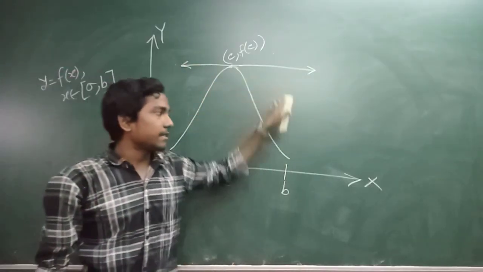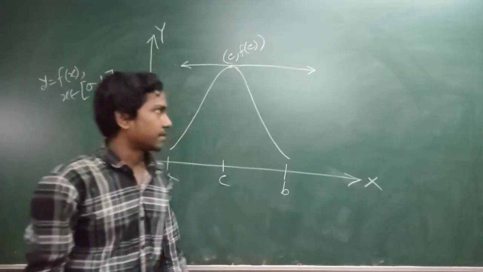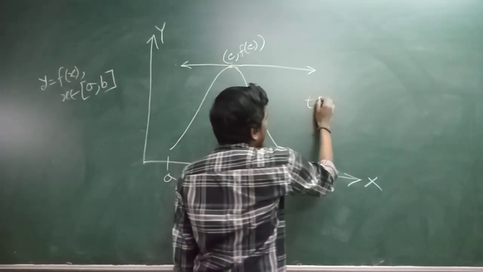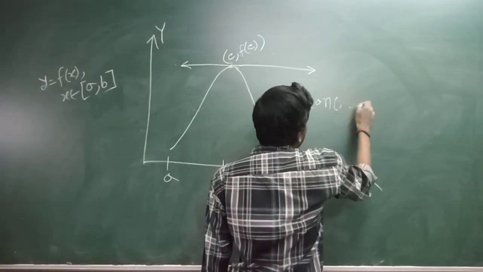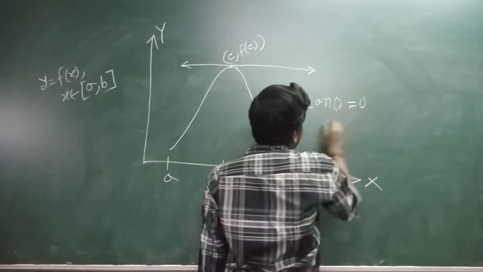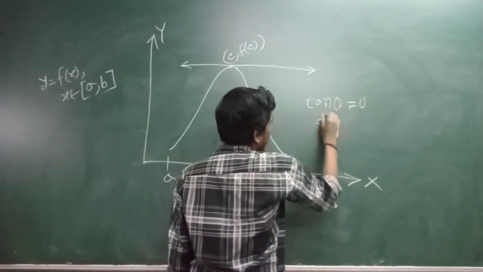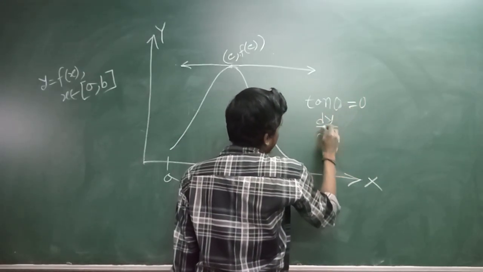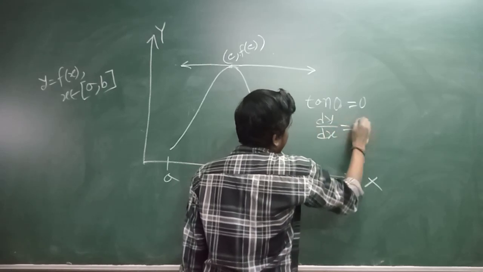Now obviously it is making an angle 0 degree with x-axis, and you know that tan 0 is equal to 0. So its slope, that is dy by dx, is equal to 0.